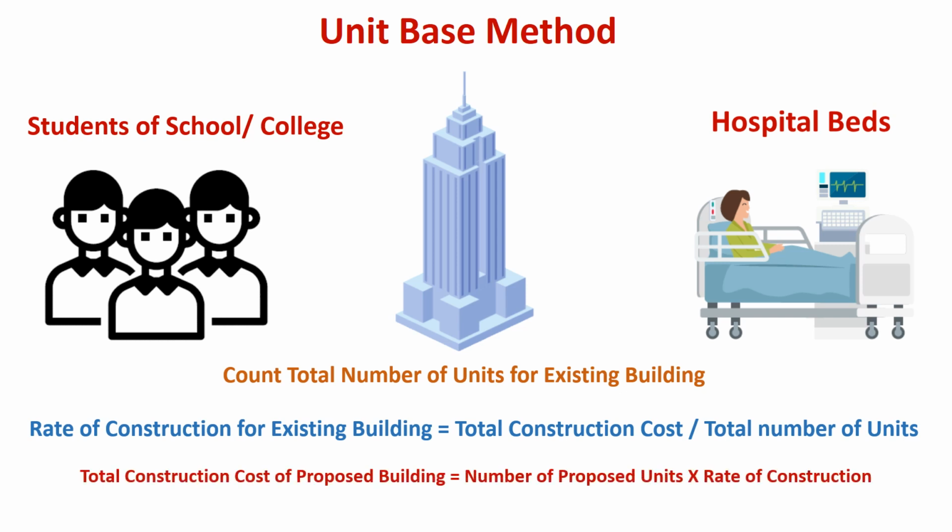So you get the rate of construction for the existing building. Then finally we can calculate the total construction cost of the proposed building by multiplying the number of proposed units by the rate of construction that we have already calculated in our previous discussion, that is, the rate of construction for the existing building.